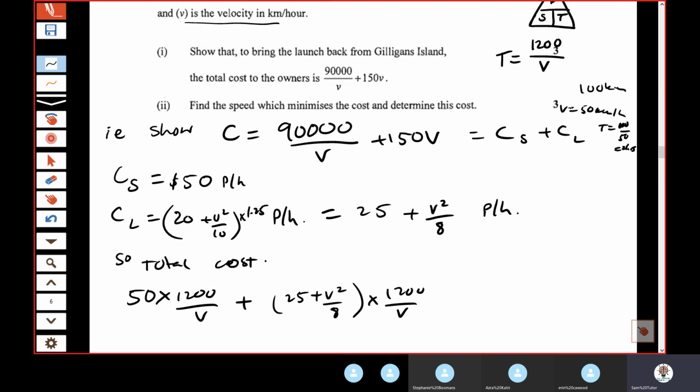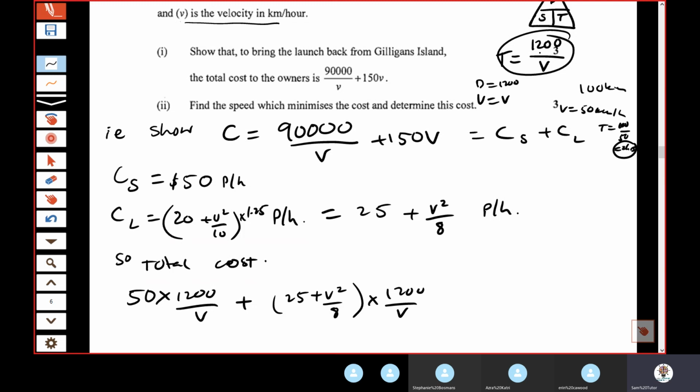Now imagine you didn't know V is 50, you just knew V is V, and you knew your distance is 1200. That means from the same logic, your time is 1200 over V, where V could be any speed that you're going for. And T would give you the total time that it took to get there. Or in this case, we did 2 hours. In this case, it's 1200 on V.